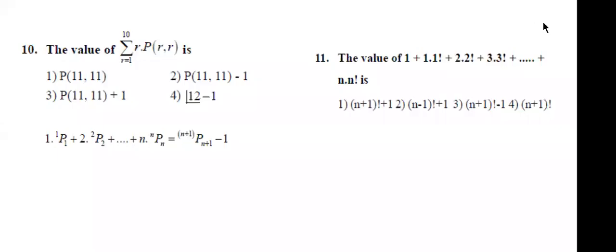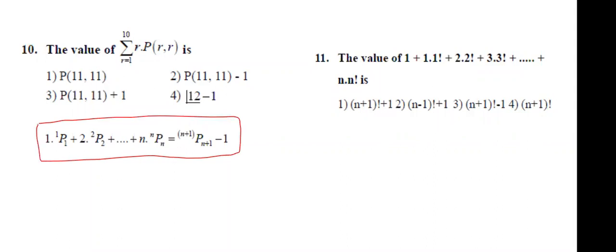Question number 10. The value of sigma r equal to 1 to 10, r into P(r, r) is. This is the question. Here I have already given the formula. Observe this: 1 into 1P1 plus 2 into 2P2 plus and so on, n into nPn, equals (n+1)P(n+1) minus 1.